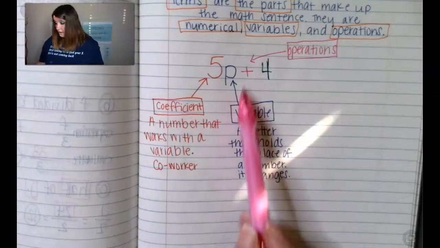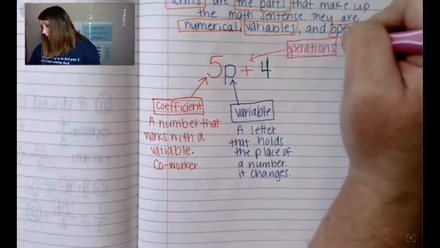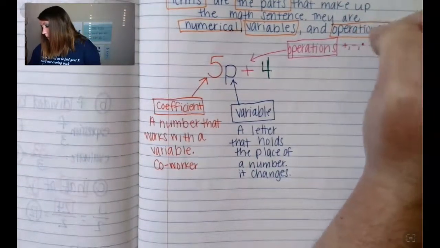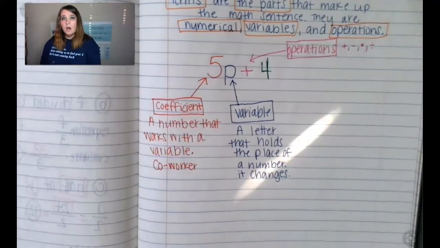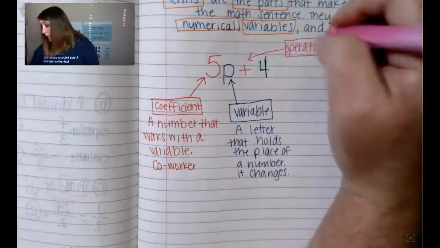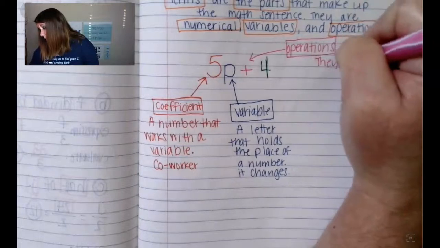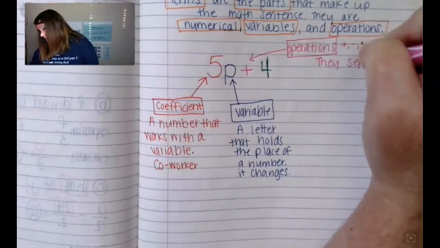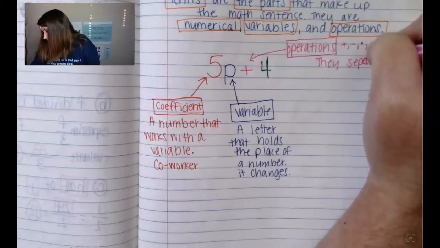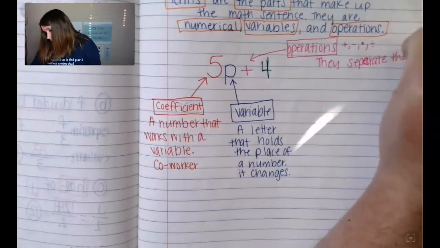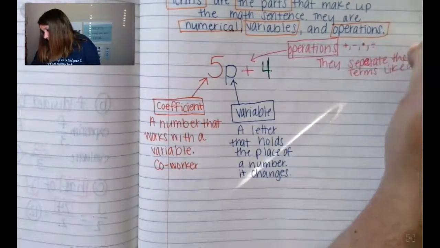So the operations are going to be things like adding, subtracting, multiplying, and dividing. All of those are operations, and these separate the terms. They separate the terms like a comma.